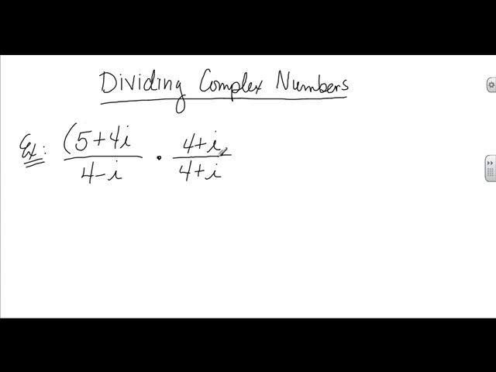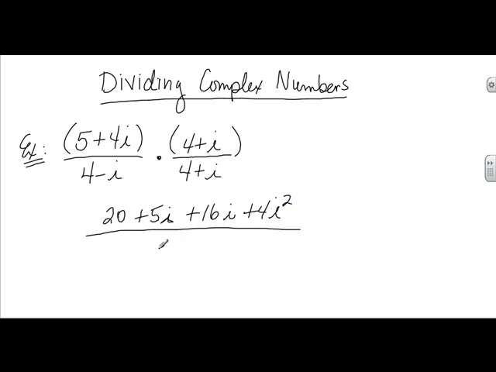And now it's just a straight multiplication problem. 5 times 4 is 20. 5 times i is 5i. 4i times 4 is 16i. 4i times i is 4i squared. In the denominator, we're going to end up with 4 squared plus 1 squared.